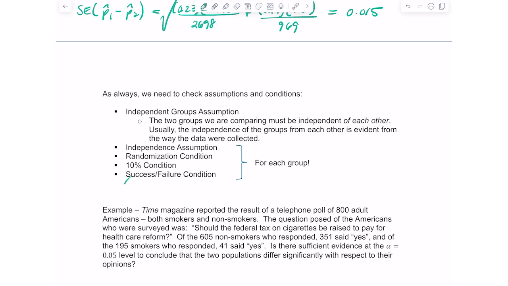And then you also want to check it for group 2: n2 times p hat 2 and n2 times q hat 2. Both have to hold for the normal model to apply.